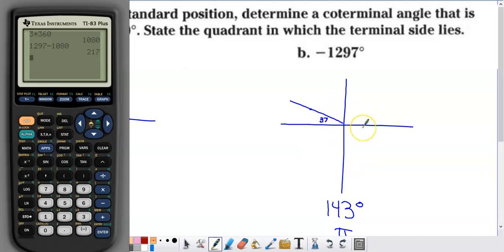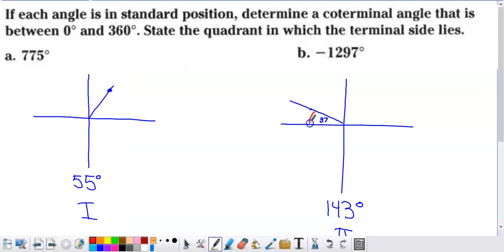I'm back to this spot. And now from this spot, I have to go 217 degrees in the negative direction around the circle. Well, if I go 180 of those 217 degrees, I'm to this spot right here. Now, how much space is left to go? If I take 217 minus the 180 that I've just gone, I've got 37 degrees more to cover right here.